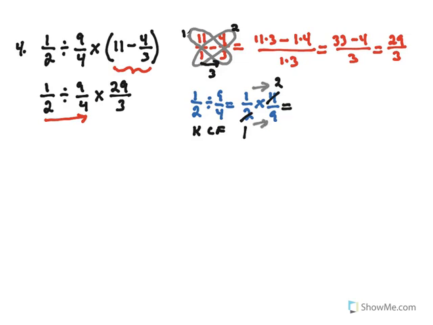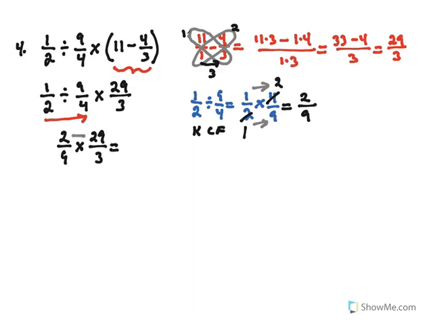This is going to be 1 times 2 now on top. 1 times 2 is 2. And then, of course, 1 times 9 is 9. Okay? So we're going to replace that with 2 over 9 times 29 over 3.